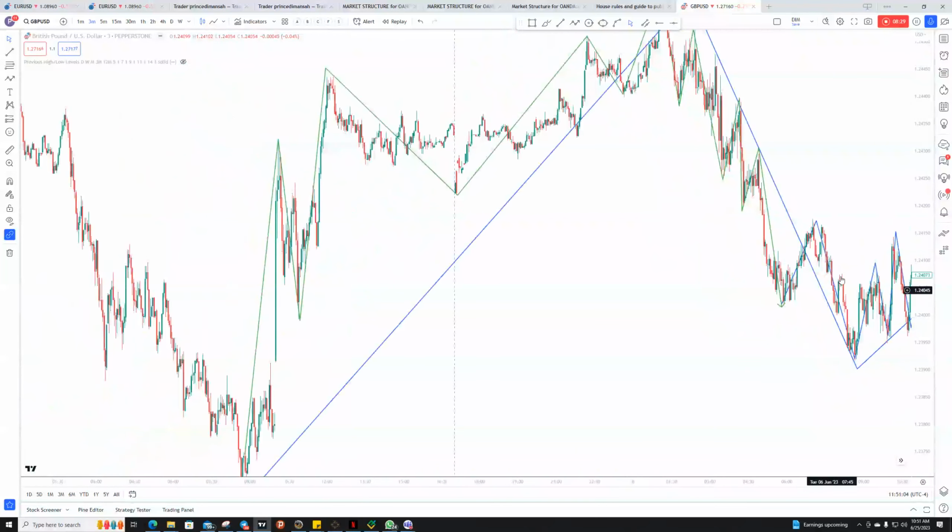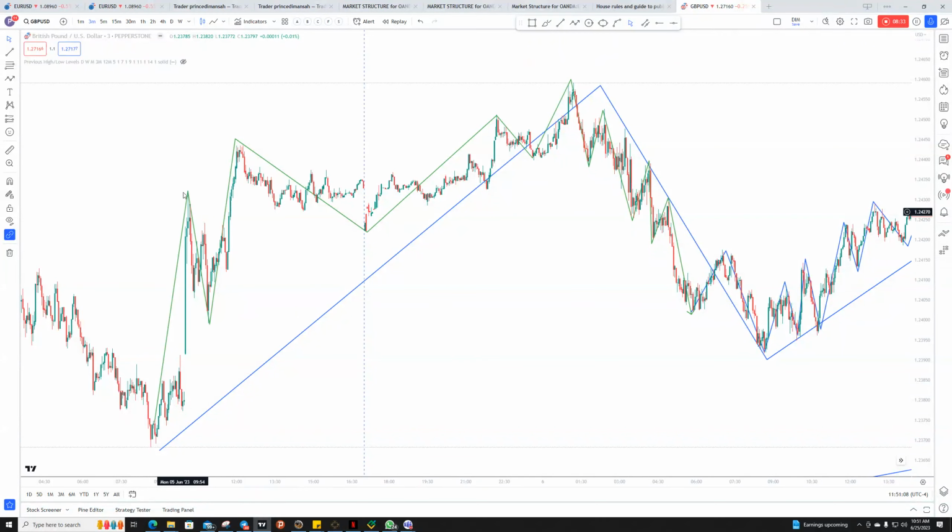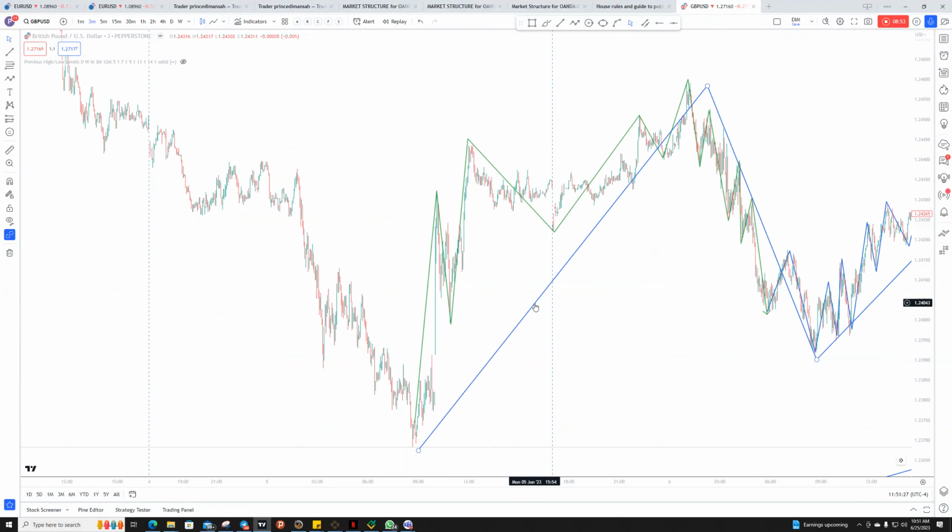So the 15 minute is saying the market is up, but when you look at the 3 minutes, the market went all the way up and started going all the way down, right? So we have this up movement, and then the market changed course and came down. So this is a downtrend, this is an uptrend, but it's all happening within the 15 minutes main trend.